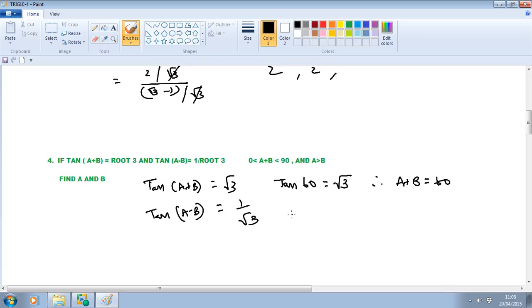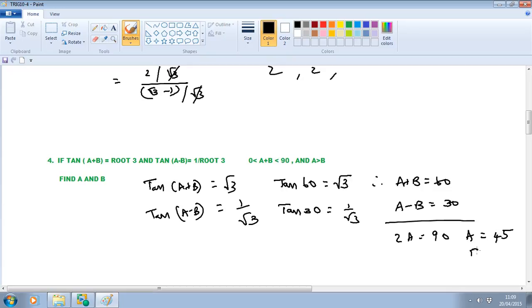So what about the next case? Tan (A minus B) is 1 by root 3. Tan 30 is equal to 1 by root 3. Therefore, A minus B is equal to 30. If you add these, you get 2A is equal to 90, or A is equal to 45.